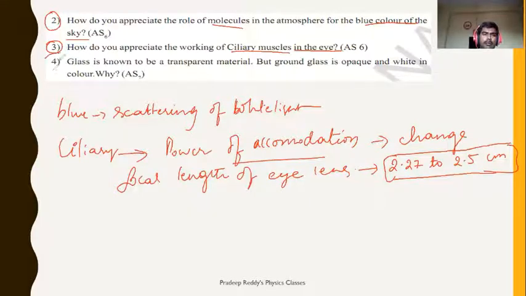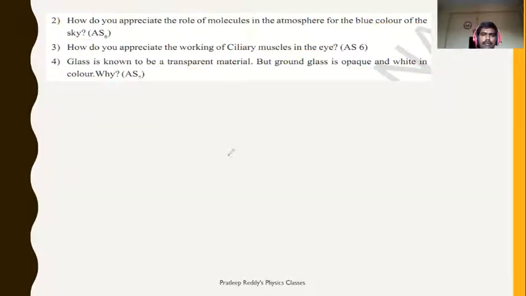Next, coming to question number 4. Glass is known to be a transparent material, but ground glass is opaque and white in color. Why? So transparent material, for example, you have a glass here and it is transparent.